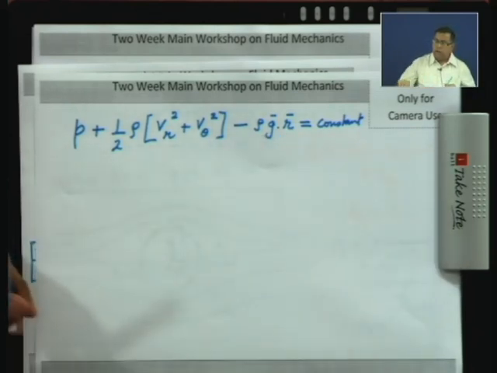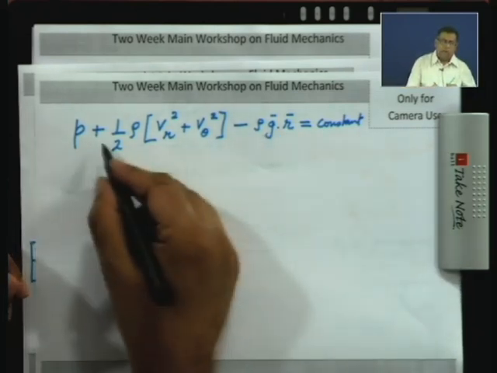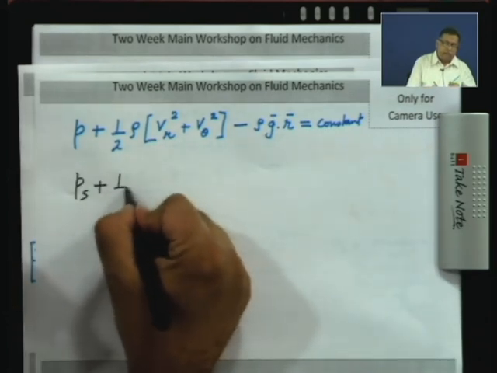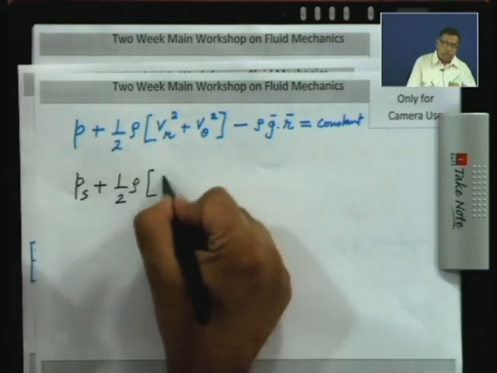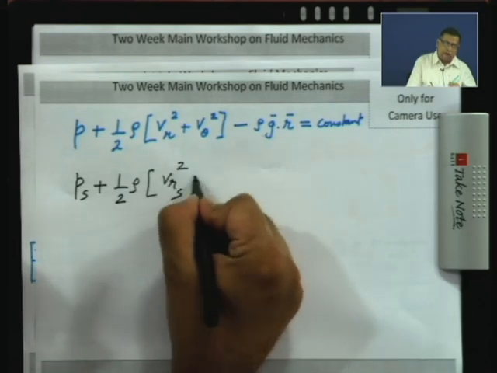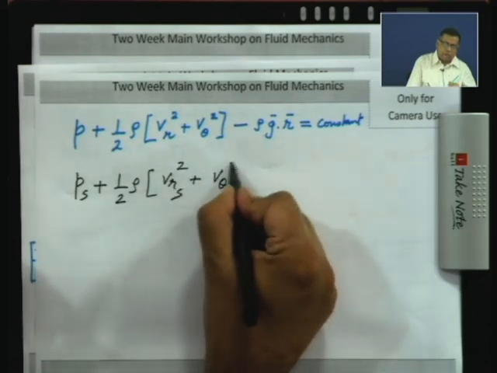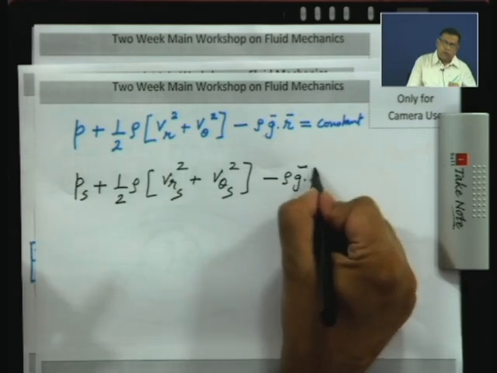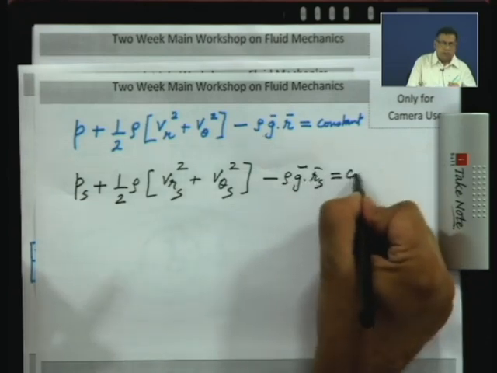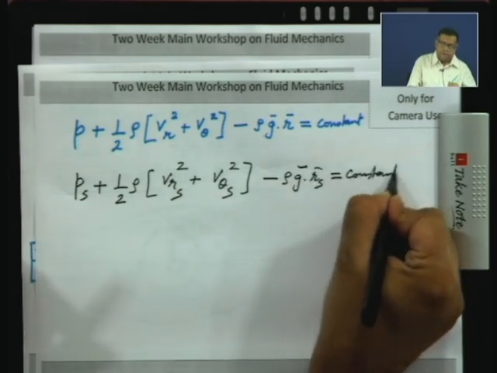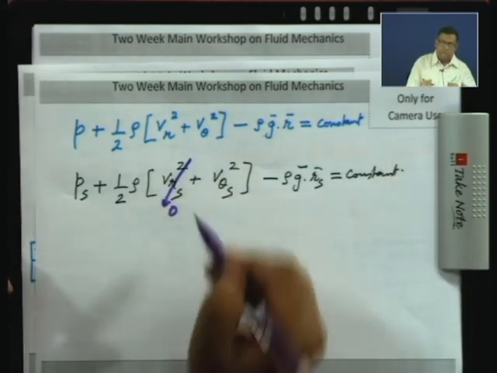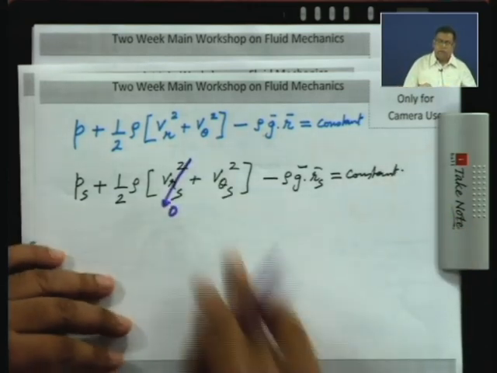Now, if you evaluate this on the surface of the cylinder, you are going to have P s plus half rho V r s squared plus V theta s squared minus rho g dot r s, whatever, is the same constant. The first term is 0 and the second term we have already found.